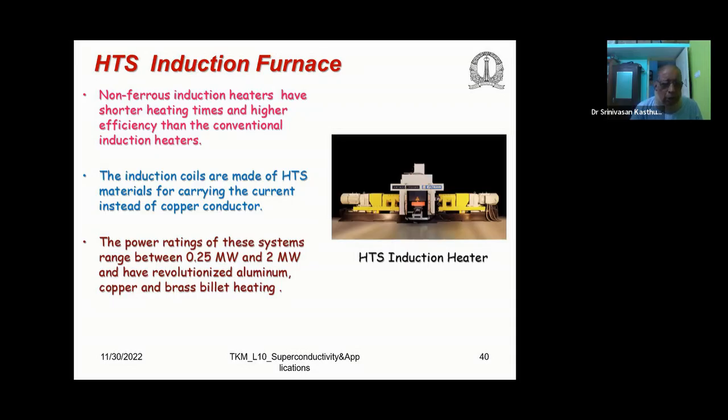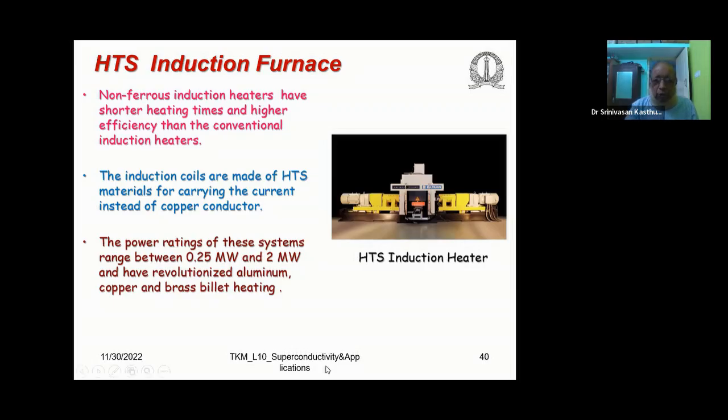The induction coils carry the current using high temperature superconducting material instead of copper conductor. The power ratings of these systems range from about 0.25 megawatt to about 2 megawatt, and they have revolutionized aluminum, copper, and brass billet heating.